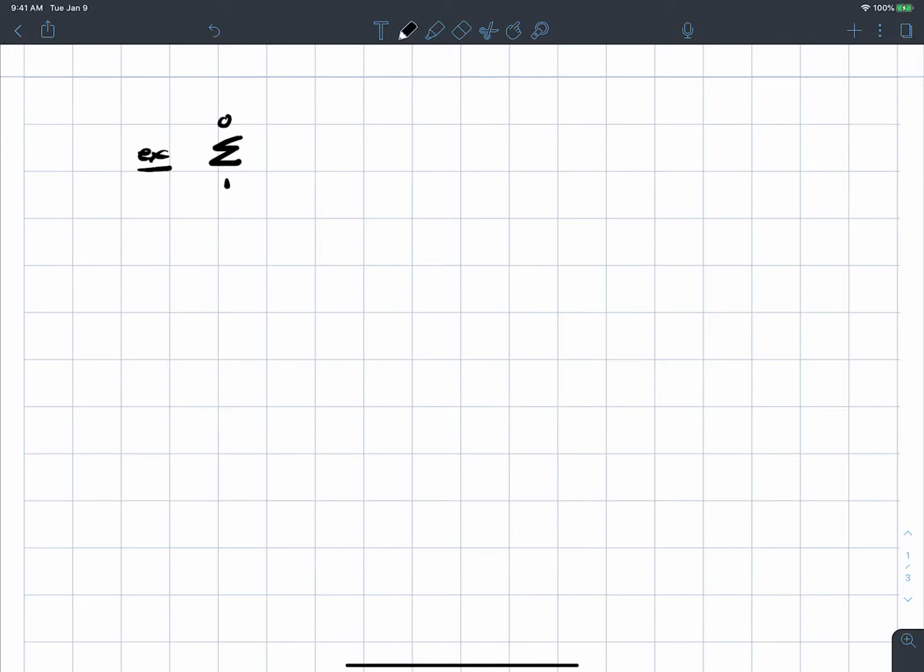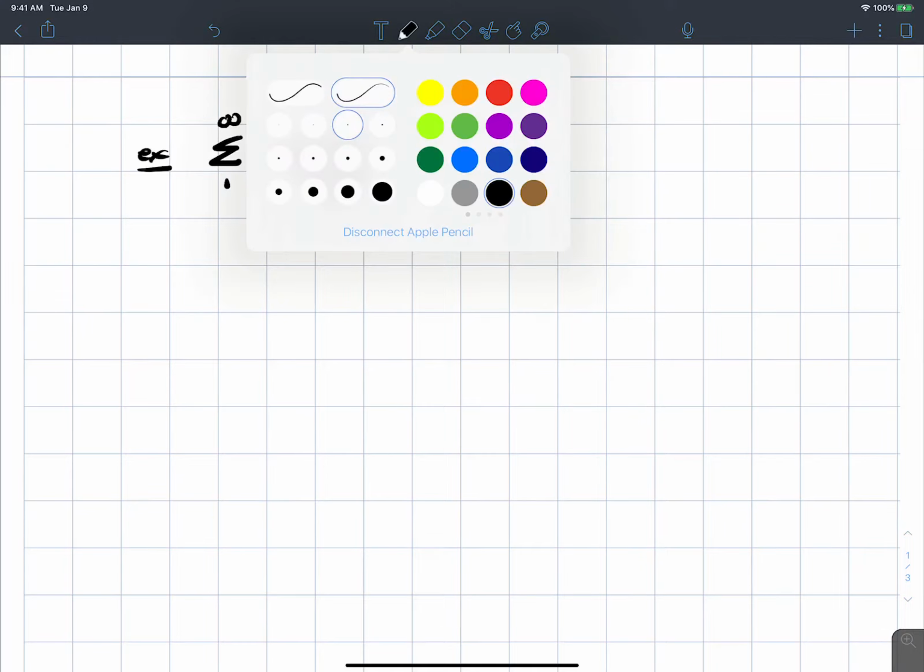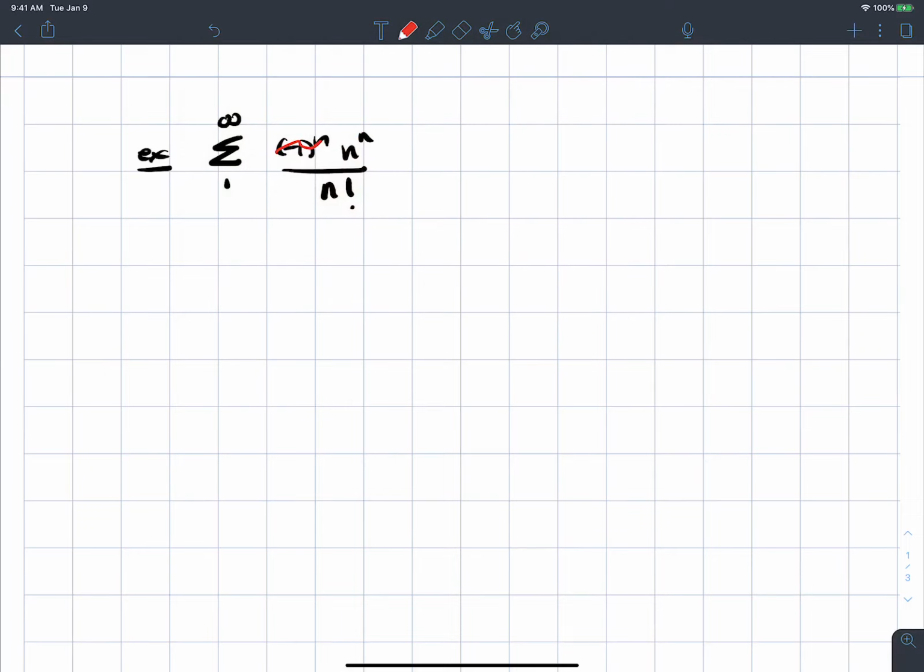Another example. Now, here's a test that involves factorial that was requested today. So again, let's remember here, this is the alternating component, the alternating mechanism.